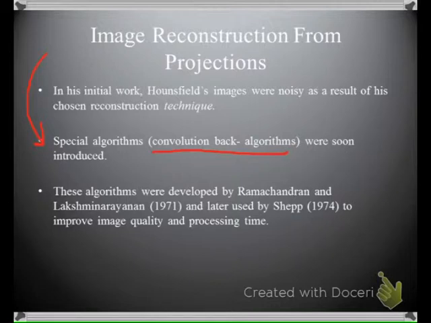These algorithms were developed in 1971 and 1974 to help improve image quality, and not only image quality, but processing time. If you can reduce the amount of time that the computer takes to process the data, you will ultimately be more effective. And that's what we see even today.